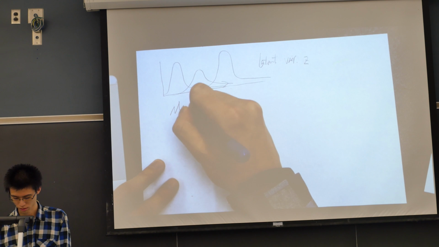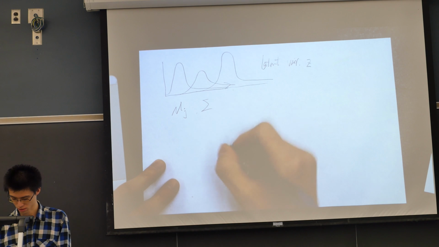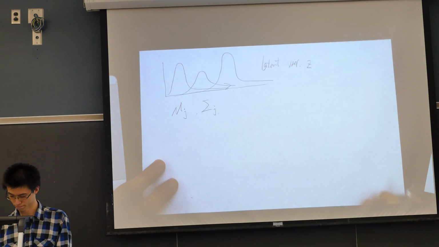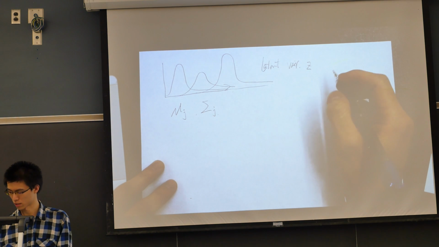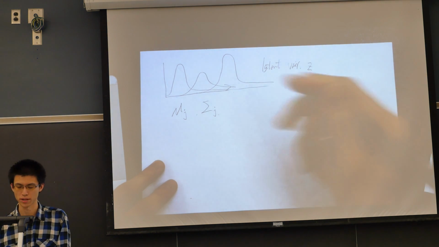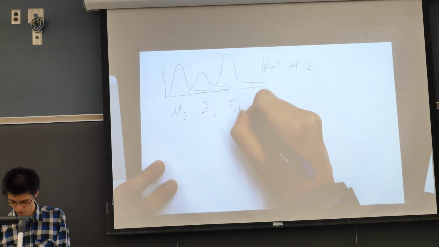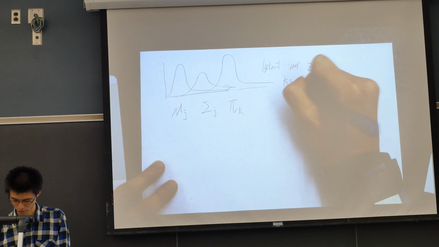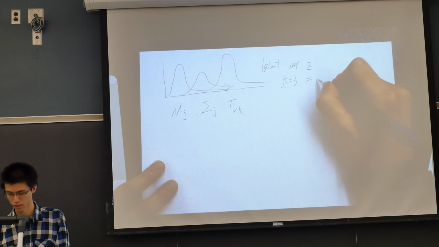So, by the way, for each Gaussian, the parameters are simply the mean, mu j, and covariance, sigma j. And we also need the mixture weight, which we denote here as pi.